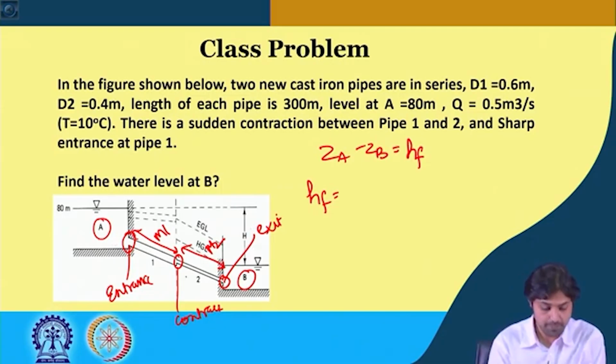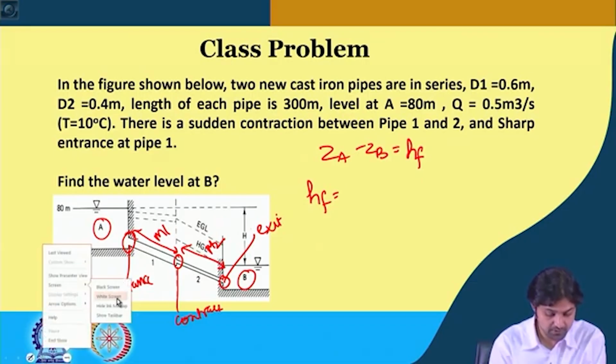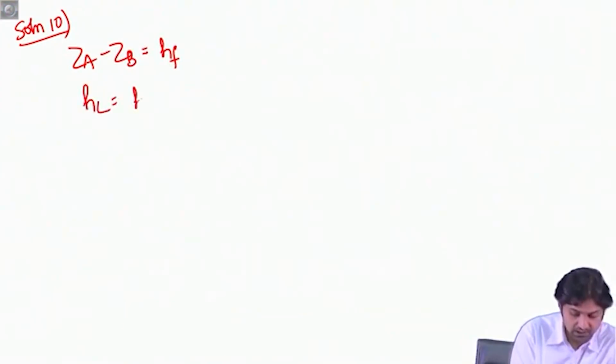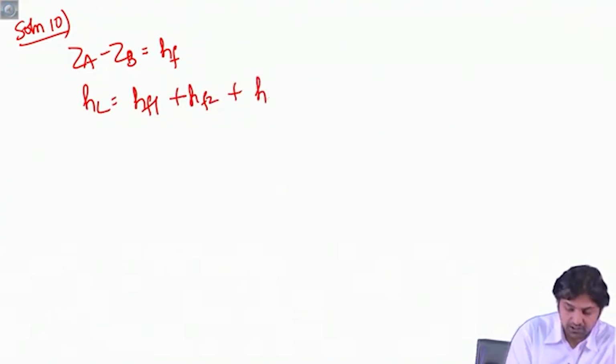All right, good. So to solve that, we will take the help of the white screen again. Solution number 10: ZA minus ZB is equal to HF, and this total HF or HL will be HF1 plus HF2 plus H entrance plus HC plus H exit.